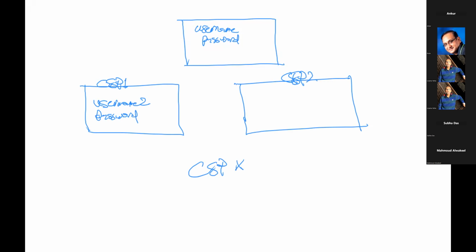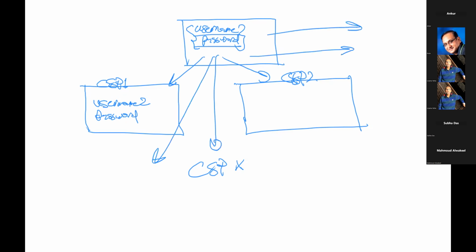Why? What will happen? In some situations, users act smart, but we are not. We will say, okay, with this username and password, I will use the same username and password here and here and everywhere. Anywhere they ask me for a username and password, I will use it. Okay, that's fine, but if it's compromised, then you have to rotate all these servers and change the password, otherwise you will be in trouble.